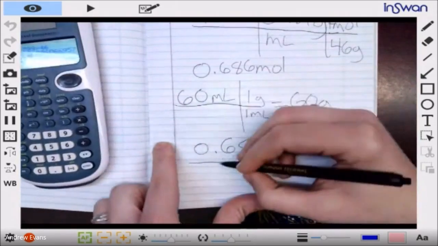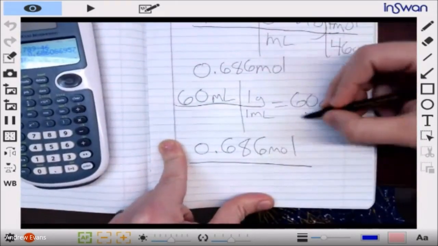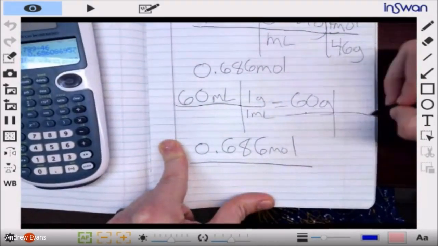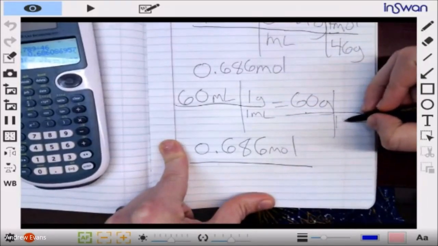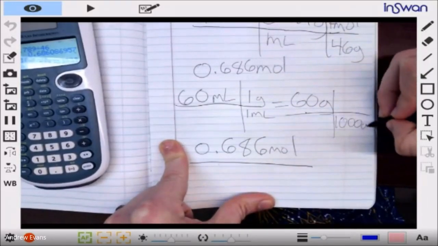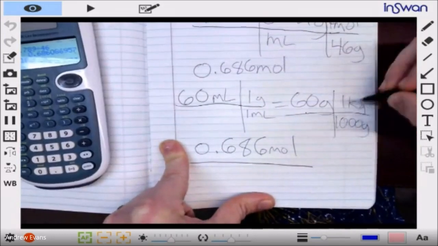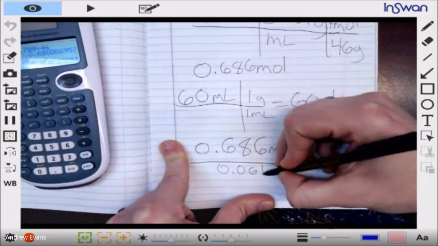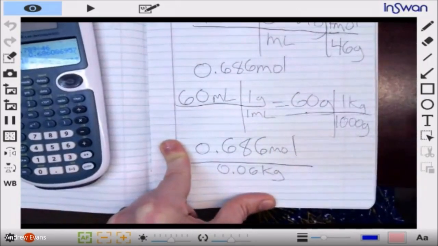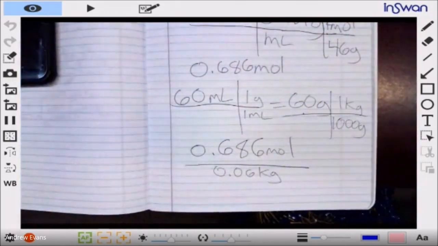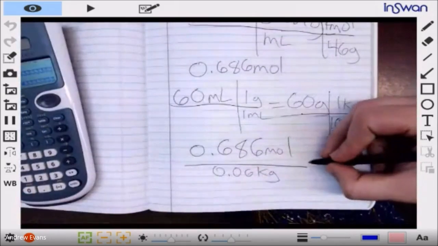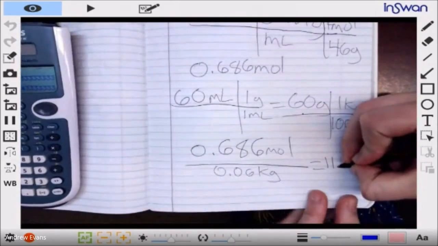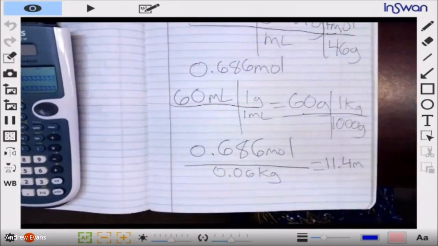Since there's 60 grams, we're going to divide 60 grams by 1,000 grams in 1 kilogram. You get 0.06 kilograms. And so our first answer, it's a pretty big number, is 11.4 molal.